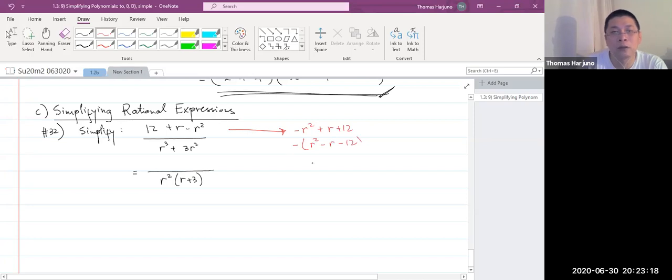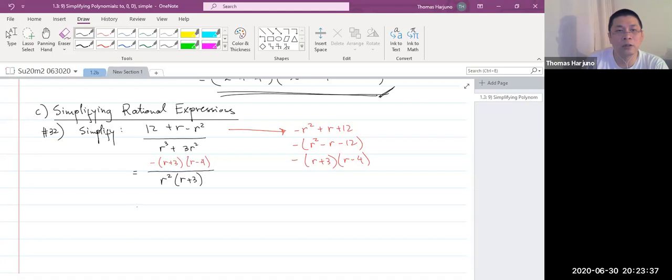And then you factor further, r plus 3, r minus 4. Okay, so you say this is negative r plus 3, r minus 4. And we have something to cancel there. So we end up with negative of r minus 4 over r squared.